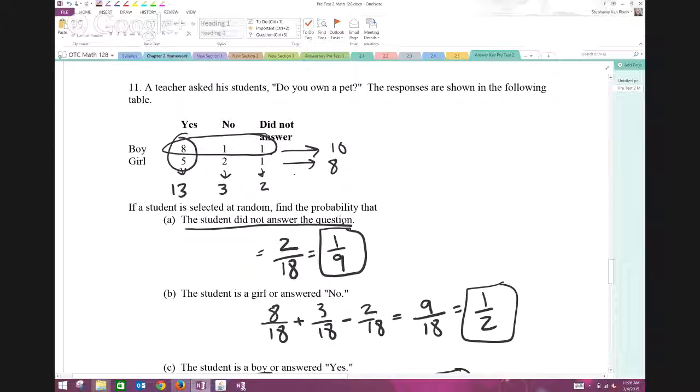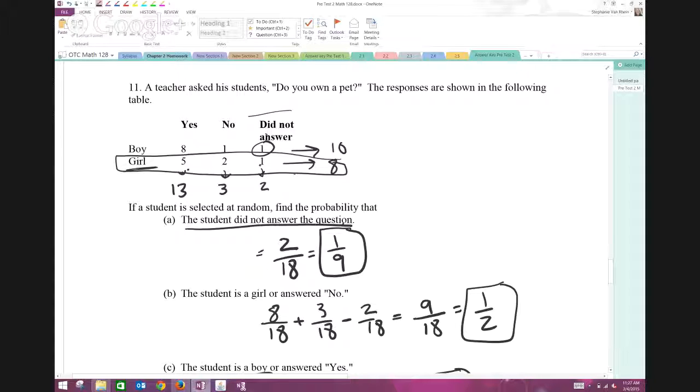If they say, what's the probability a boy did not answer, given the person did not answer the question, the phrase given that tells you it's a conditional. If I said given that it's a girl, what's the probability they didn't answer the question? Given that it's a girl tells you it's in the girl category.